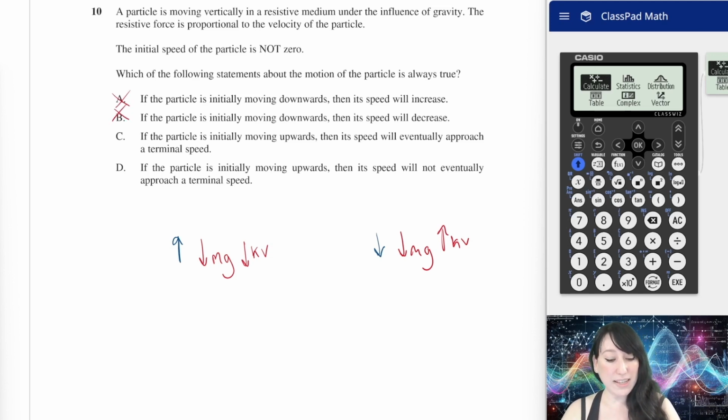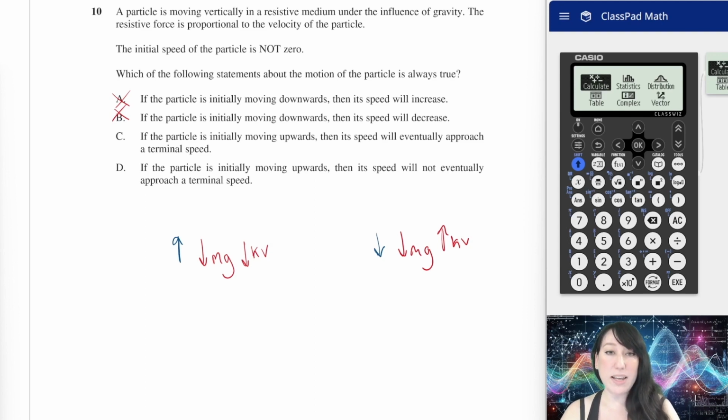So then option C is, if the particle is initially moving upwards, then its speed will eventually approach a terminal speed. And let's compare that to option D. If the particle is initially moving upwards, then its speed will not eventually approach a terminal speed. So if it is initially going upwards, then both the gravity and the resistive force will be acting in the opposite direction of its travel.